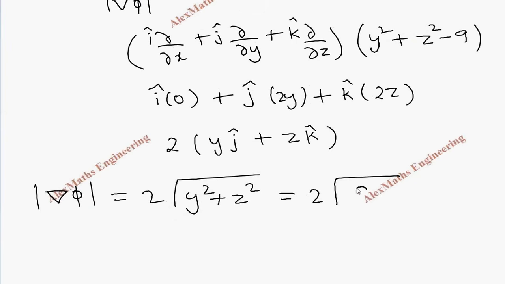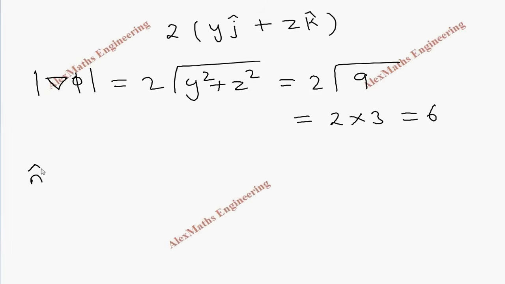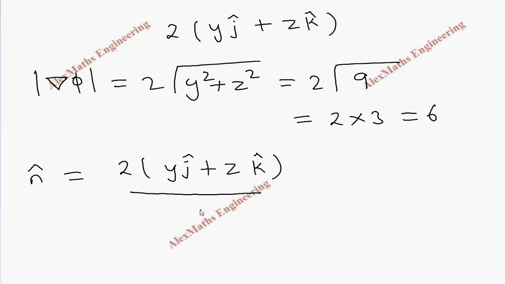So root 9 is 3. Totally this is 6. So from this we get n cap as 2 into y j cap plus z k cap by 6. After cancelling this, y j cap plus z k cap by 3.